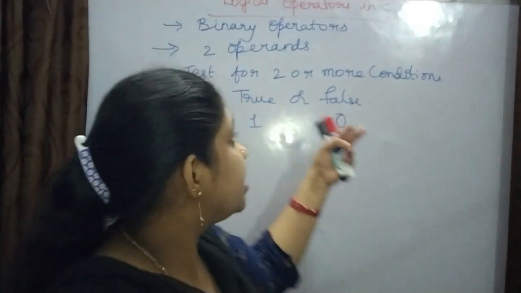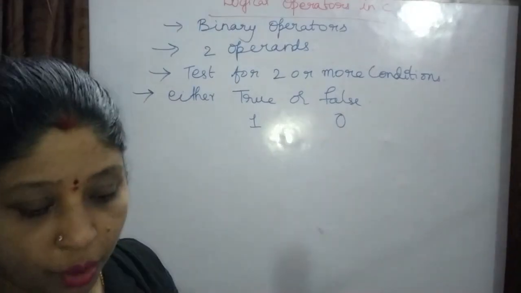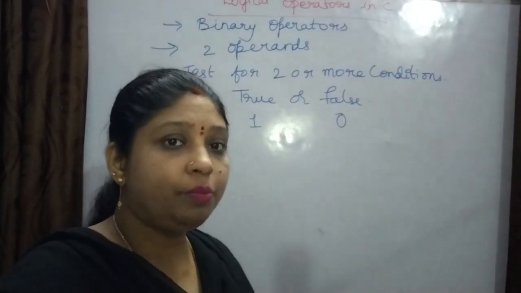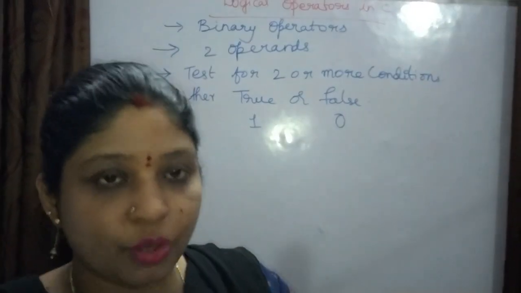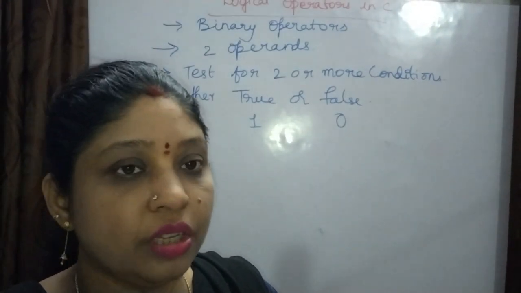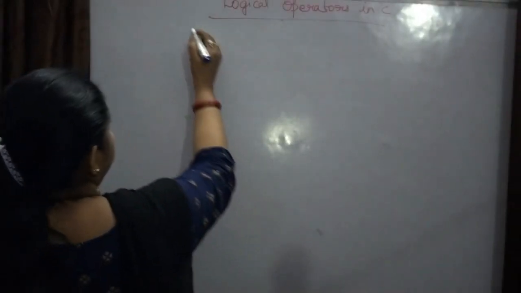So these are some properties of the logical operators, and now I'm going to discuss the types of logical operators: how many types there are and what they are. I will write them now.